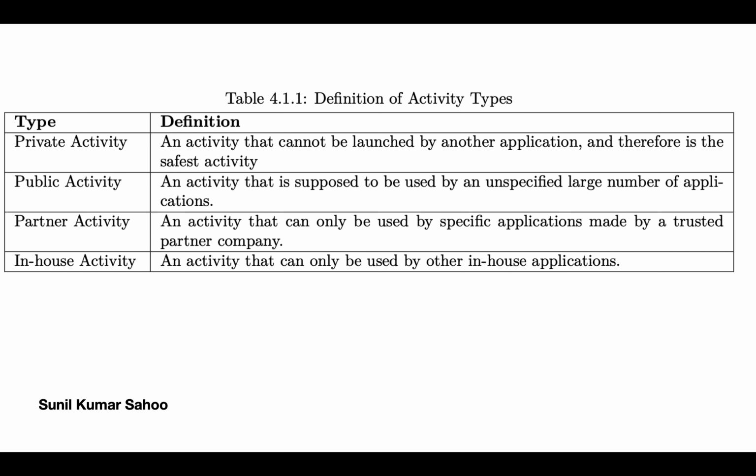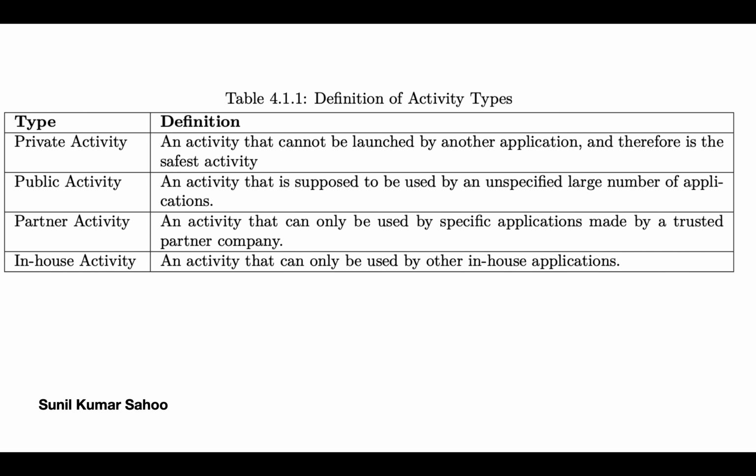That's why it is the safest activity, and we can pass sensitive information in this activity. Then public activity, an activity whose purpose is to be used by other applications. Means any application can use it. That is public activity.